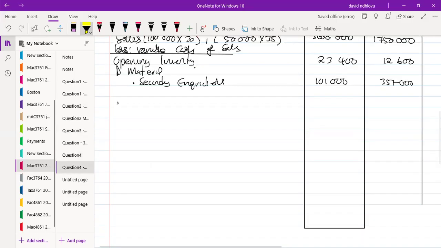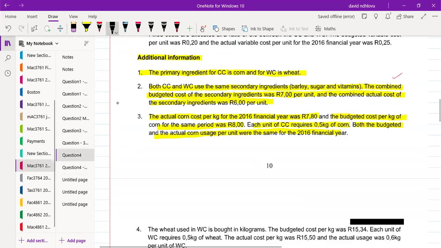Right, then we have primary ingredients. We have corn. Right, so for the corn, we have 101,000 units that we want to produce. Each unit is going to require, according to the budget, 0.5 kgs.